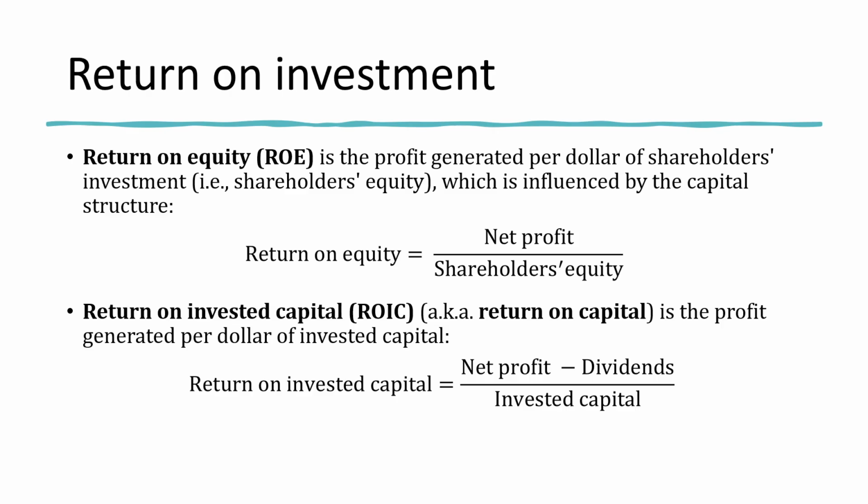There are many different variations, in the numerator but also in the denominator. Invested capital is generally viewed as the sum of debt plus equity. However, some analysts take the debt plus equity sum and subtract off non-operating assets, the cash and marketable securities. So there are variations on return on invested capital.